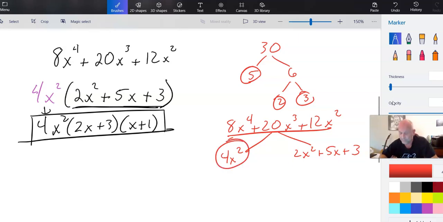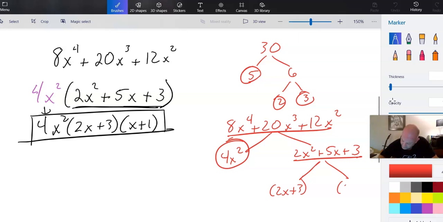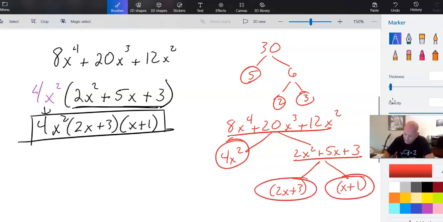Monomials are always prime. Over here, though, this thing continues to break up into 2 pieces. It breaks up into 2x plus 3 and x plus 1, right? And so these end up being all of our factors, the same way that we broke this up.